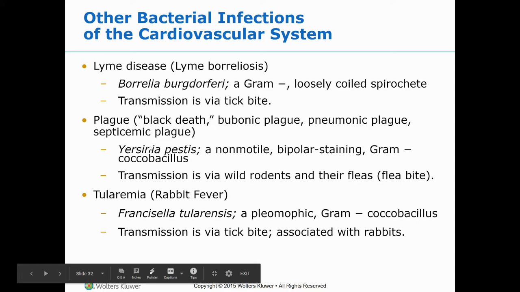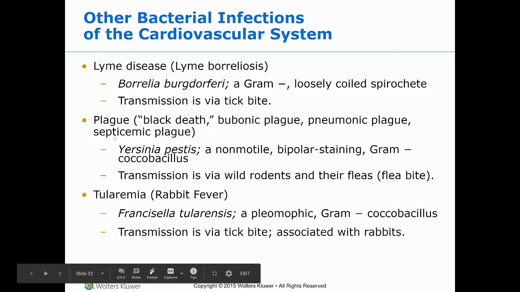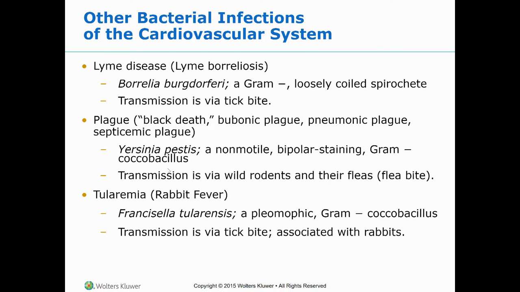The plague, or the bubonic plague, pneumonic plague, systemic plague, this is going to be a coccobacillus. It's gram-negative, and this is what caused a lot of death in Europe in the early 1500s. Again, this comes from wild rodents and their fleas. And remember that time period, most people, if they were taking a bath at all, were going out to a stream to do it.